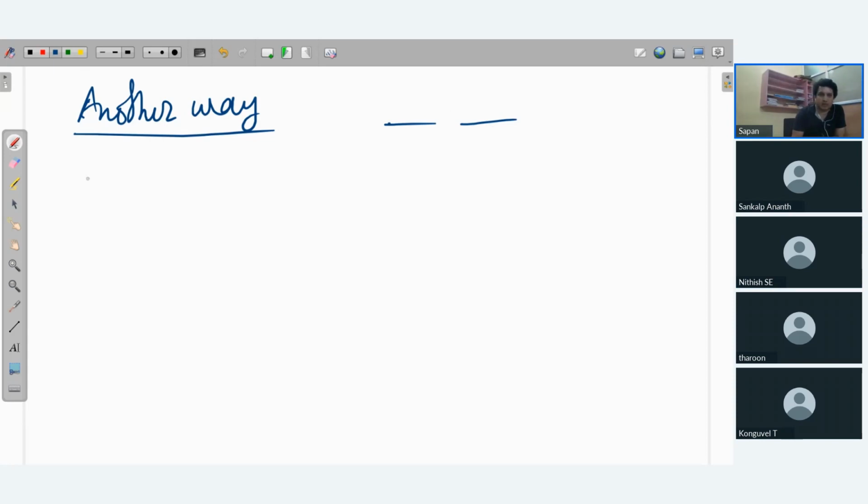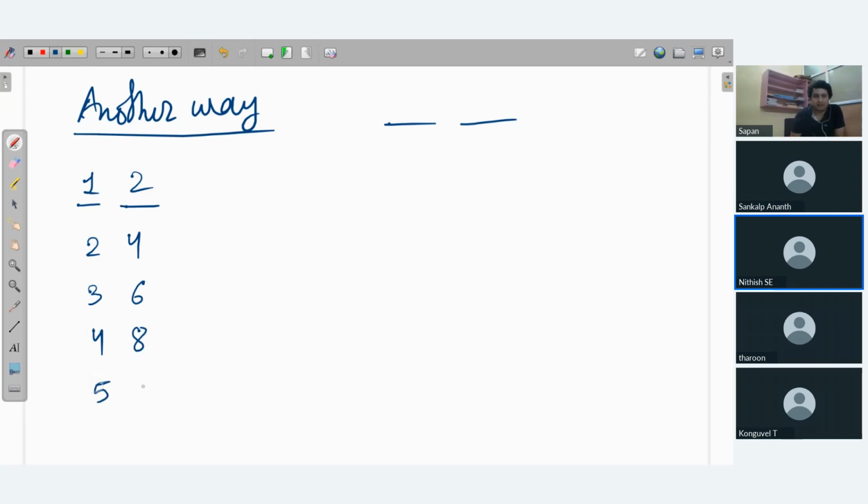So if I pick 1 as the tens digit, I should have 2 here. If I have 2 here, I have to have 4 here. If 3, then 6. If 4, then 8. If 5, I will get 10, but we have only 2-digit numbers; 510 is a 3-digit number. So there are only 4 possibilities.